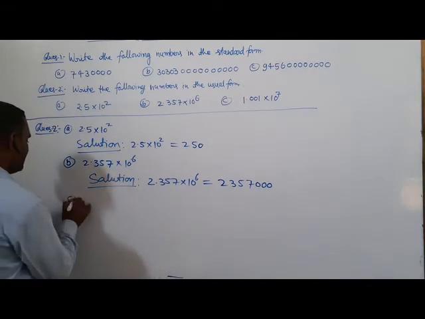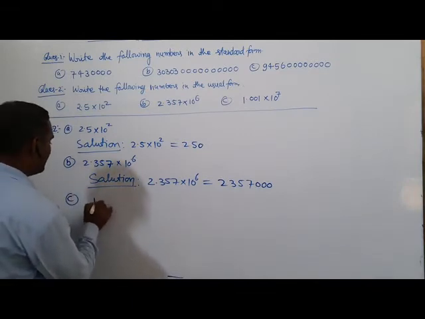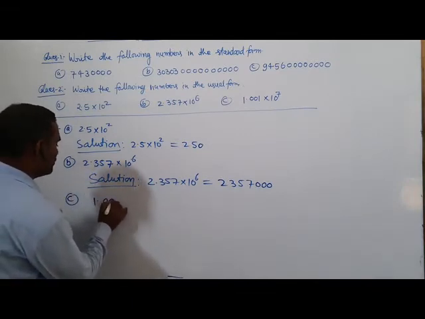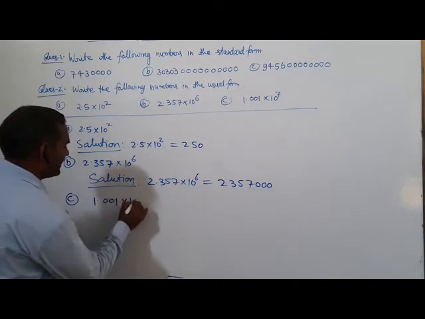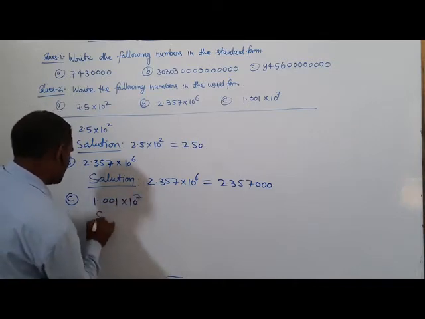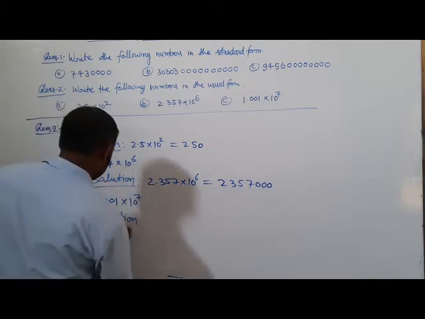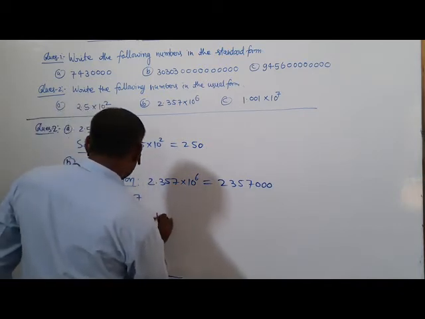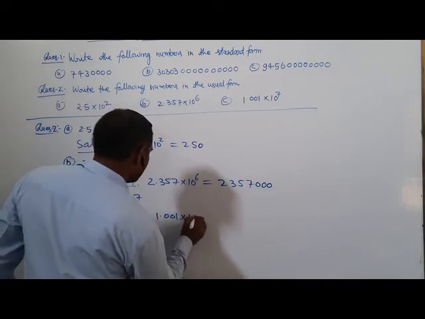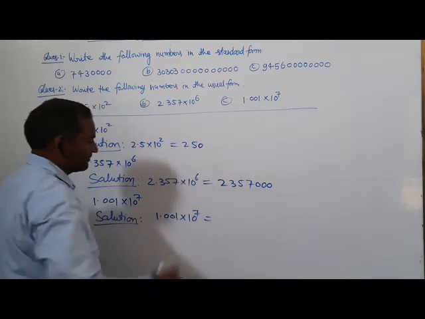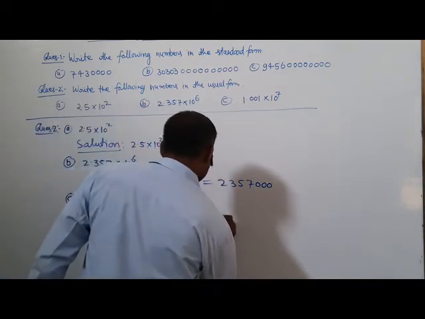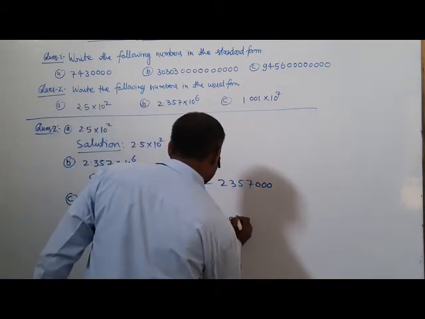Next, C: 1.001 into 10 raised to the power 7. Solution: write 1001.